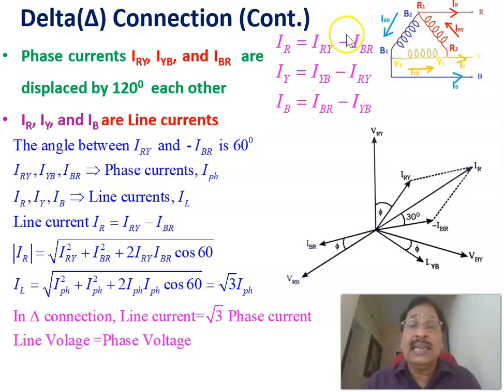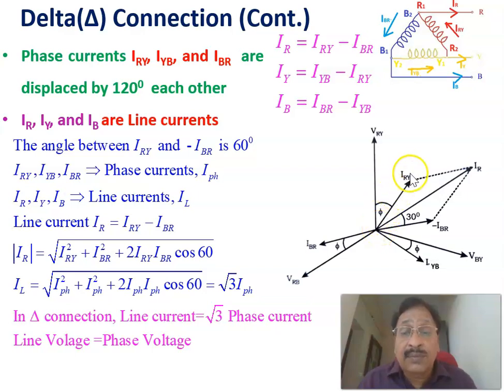These are the line currents IR, IY, and IB, and the phase currents IRY, IYB, and IBR are displaced by 120 degrees. In order to calculate the line currents IR, IY, and IB, we have to see the vector diagram.